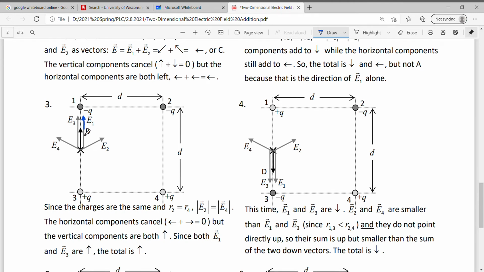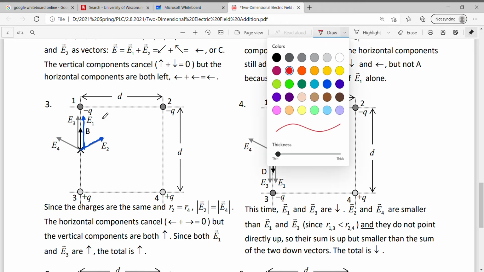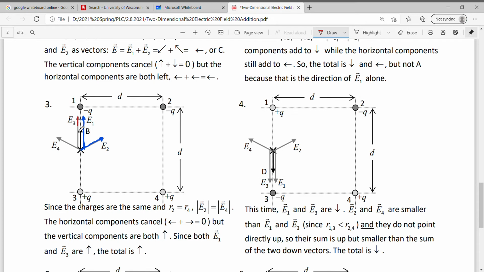This E1 is caused by charge 1, and this E2 is caused by negative charge 2, and E3 is caused by charge 3 down here.